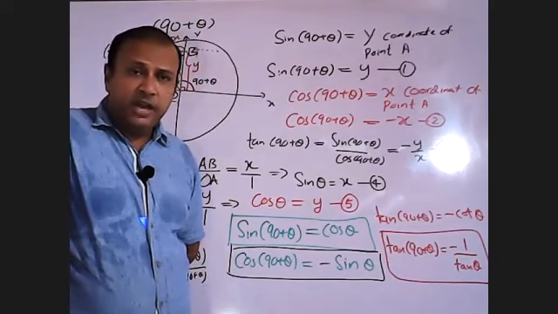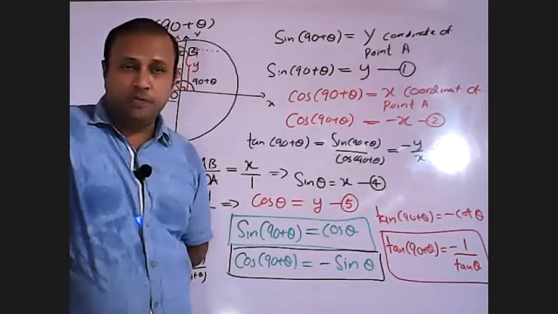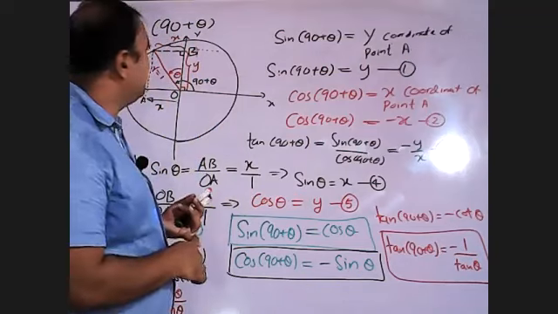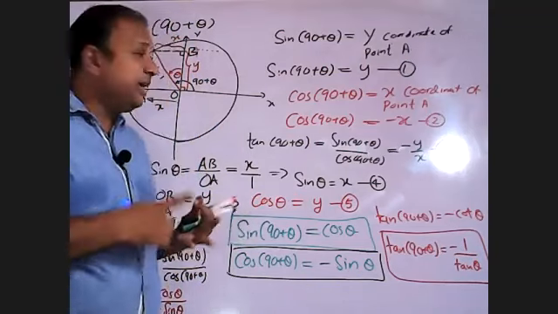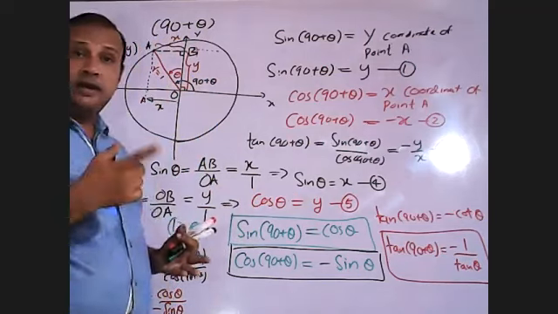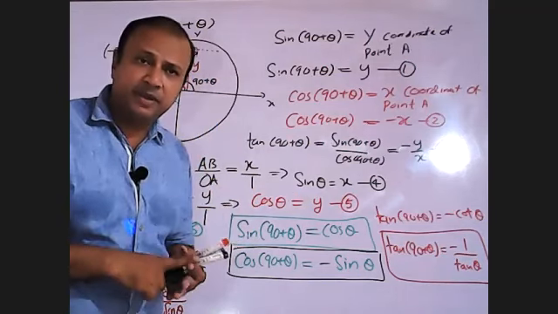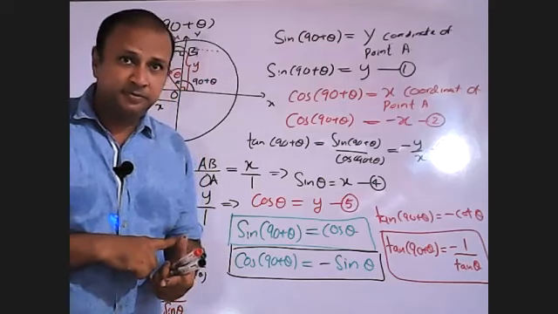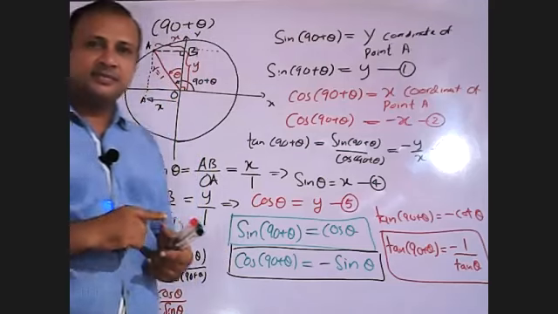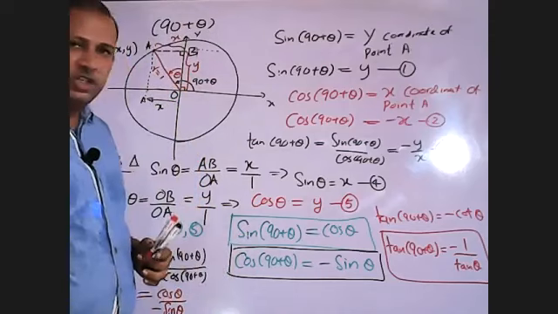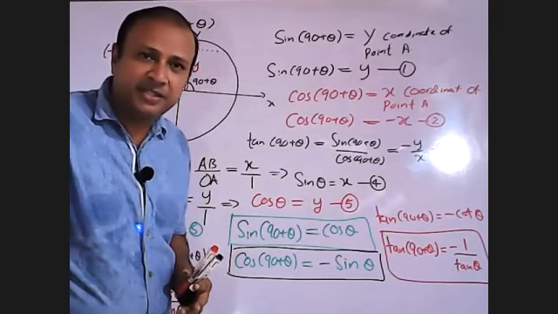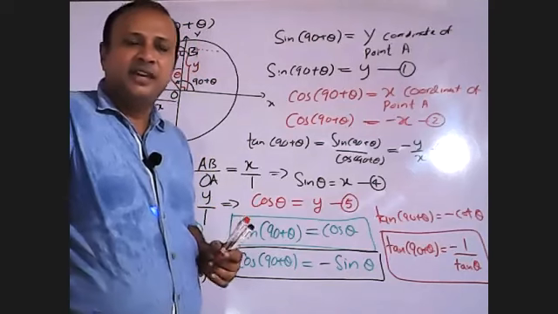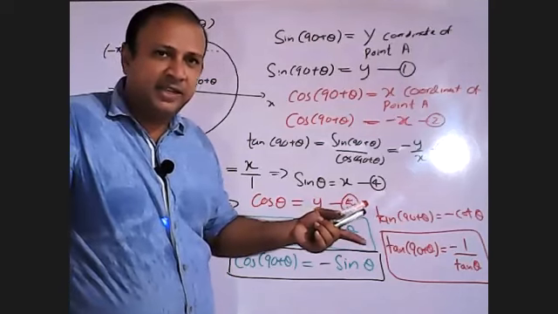This is the way of deriving this relationship. Actually we have done 90 plus theta, 90 minus theta, then 180 plus theta, 180 minus theta, 270 minus theta, no? We have done up to 270 minus theta.